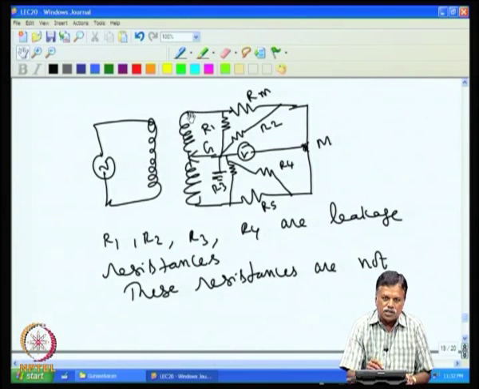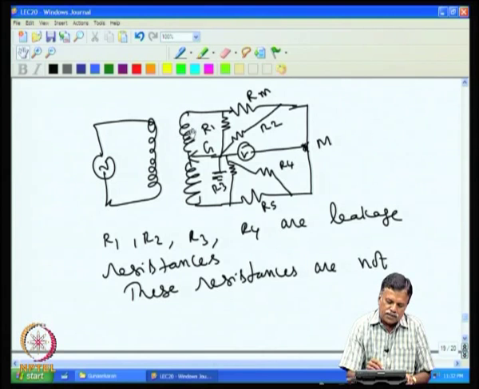If we take it as a voltage source, the output impedance of the voltage source is very low. So, R1 and R3 are merely loading the transformer secondaries. These currents are not actually flowing through this.